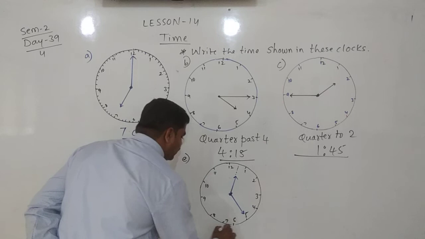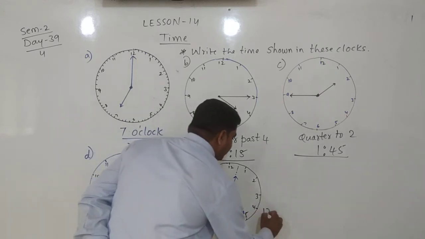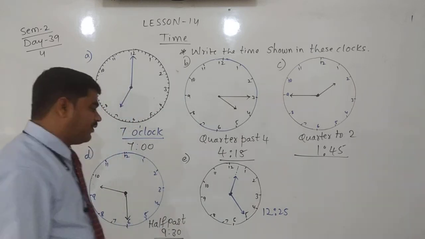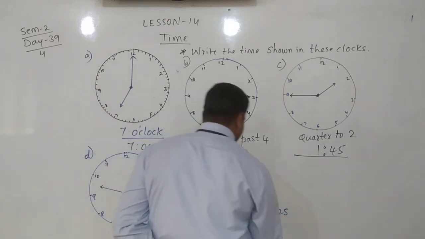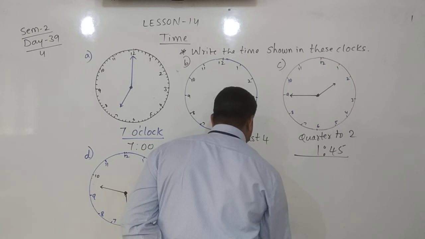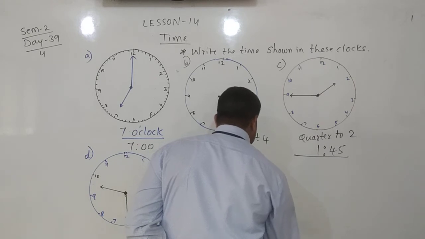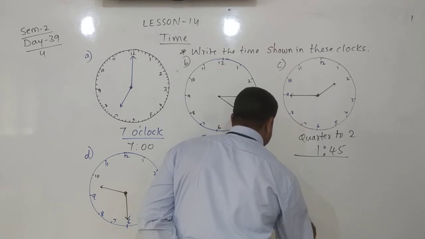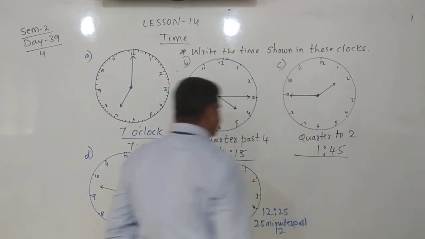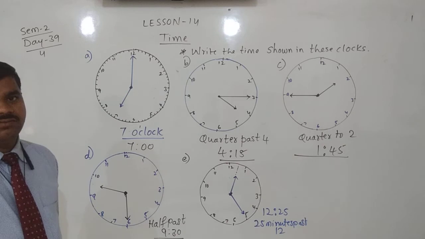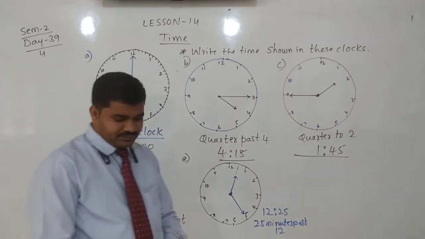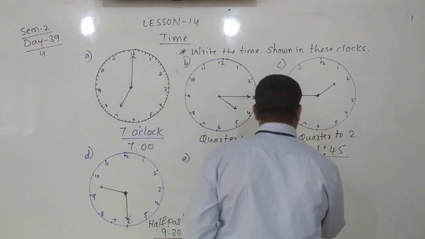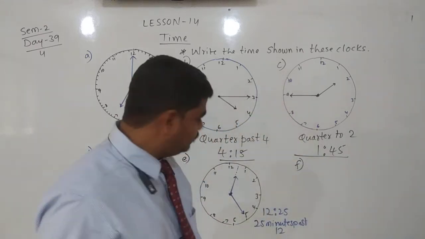Then what is the time? 25 minutes, 5 fives are 25. We can write 25 minutes past 12. Very simple. And the sixth one, F clock. Very simple, that is also.